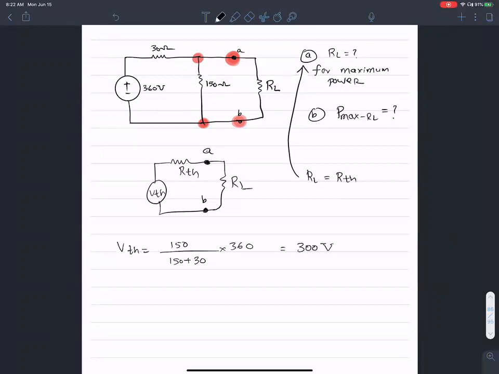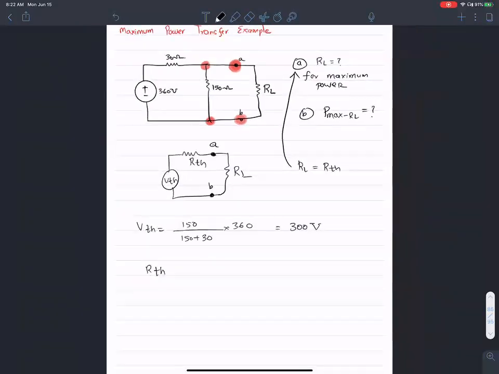Okay, now let me find the value of R Thevenin. In order to find R Thevenin, what I have to do is to deactivate this source.